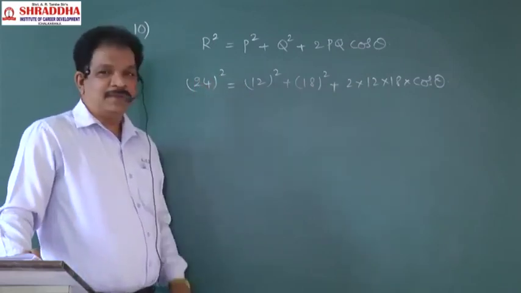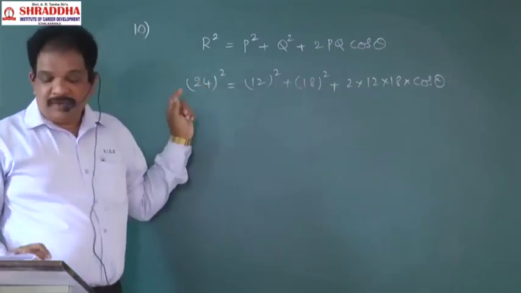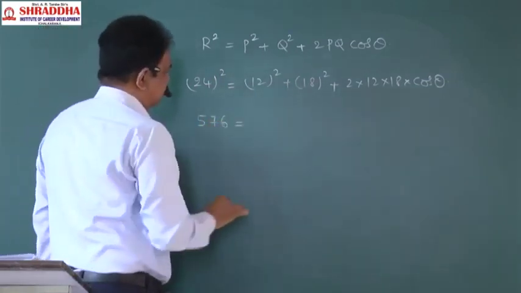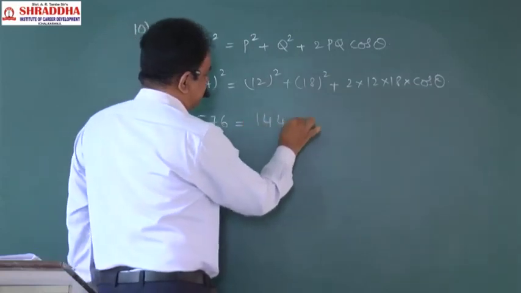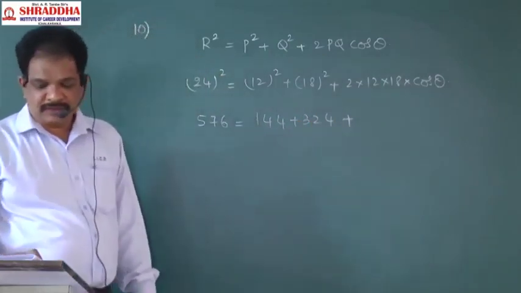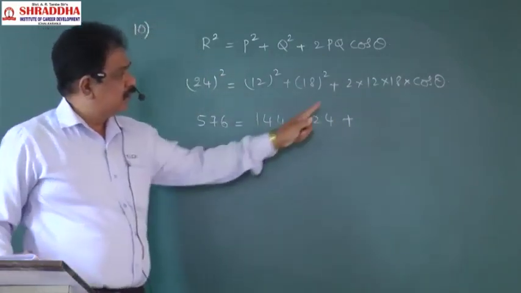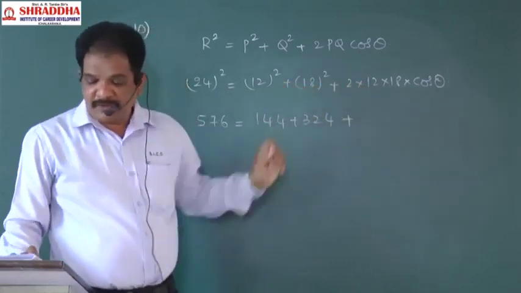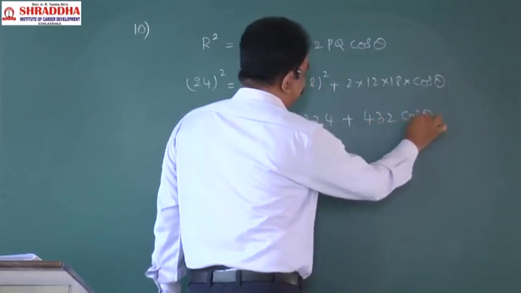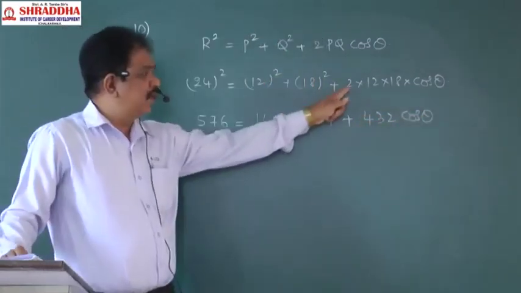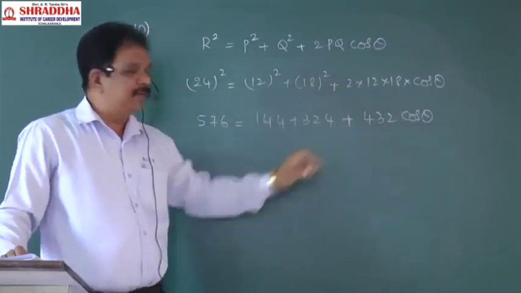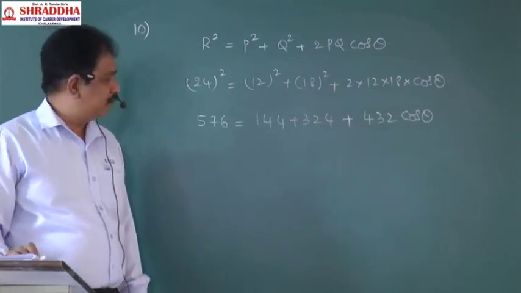We substituted the values. 24 square means 576. 12 square means 144. 18 square means 324. This multiplication value will be 432 cos theta. 2 into 12 will be 24. 24 into 18, multiply, you will get 432.